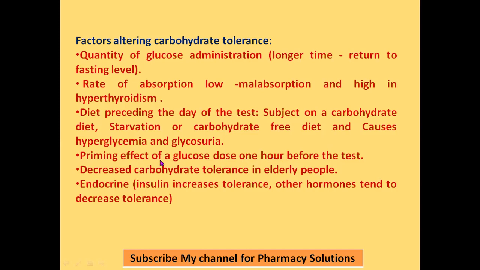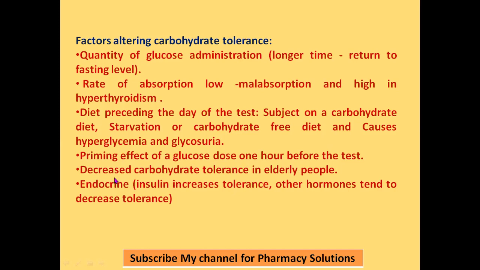In case of the priming effect, if you carry out the GTT within a time span of 1 hour, taking the blood sample and glucose at 8 p.m. and doing the same again at 9 p.m., then this will change the peak pattern.